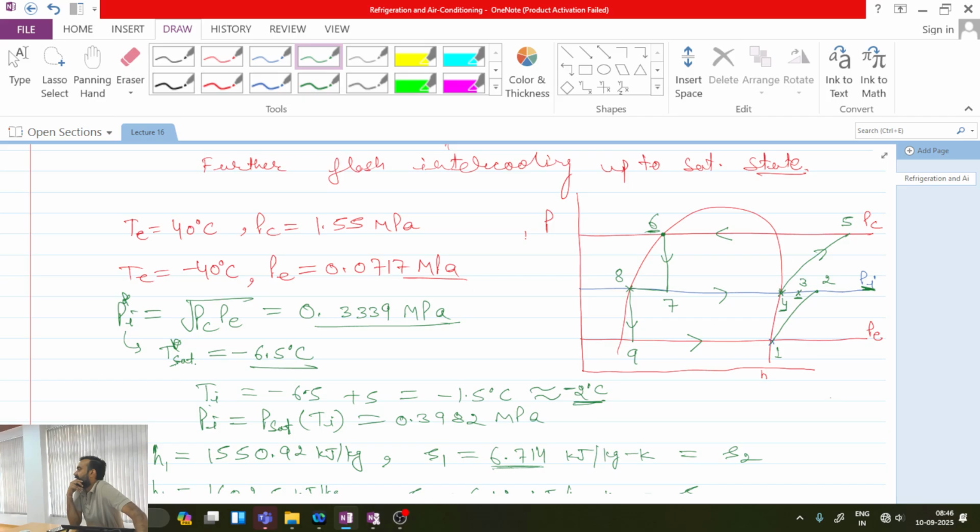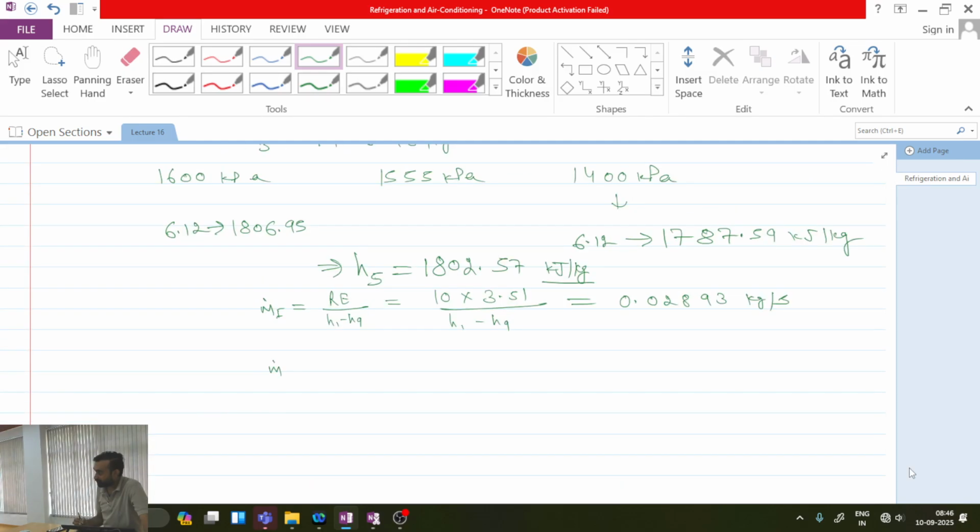Refer to the correct diagram: flash intercooler, flash chamber and water intercooler. Please tell me. M dot HP is equal to M dot LP into H3 minus H8 divided by H4 minus H6. Same thing. So now calculate.